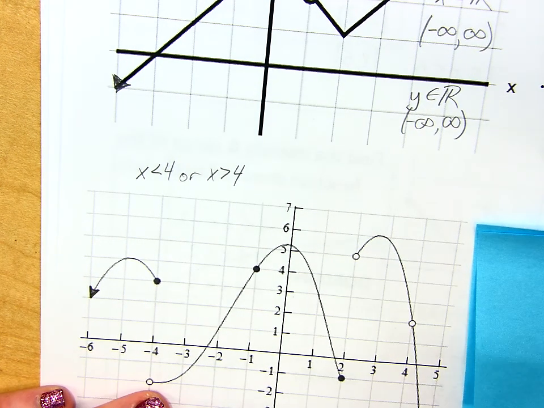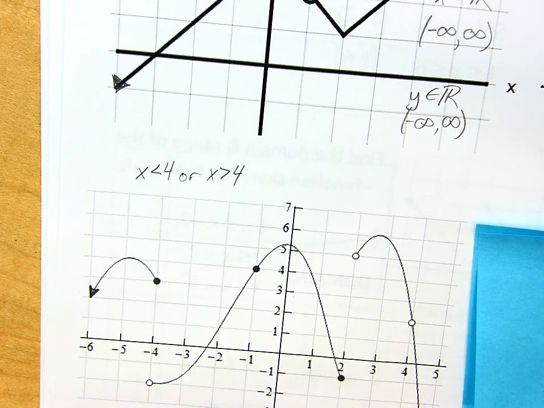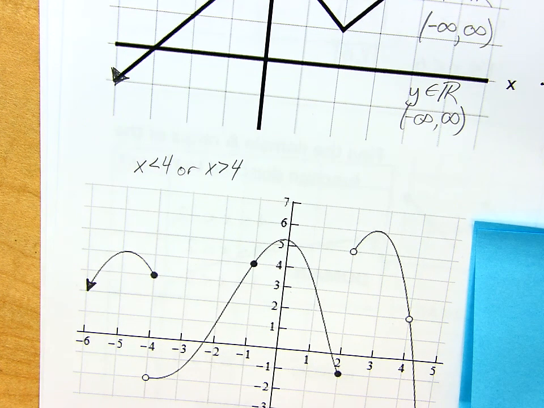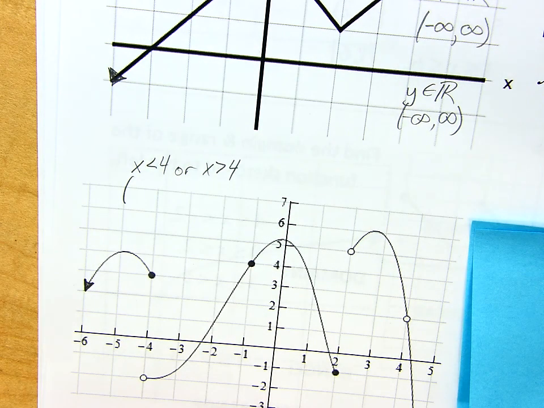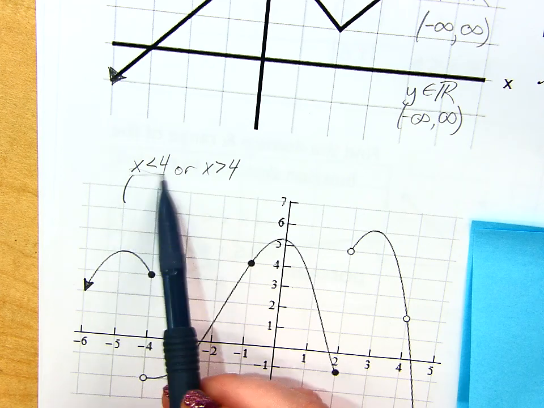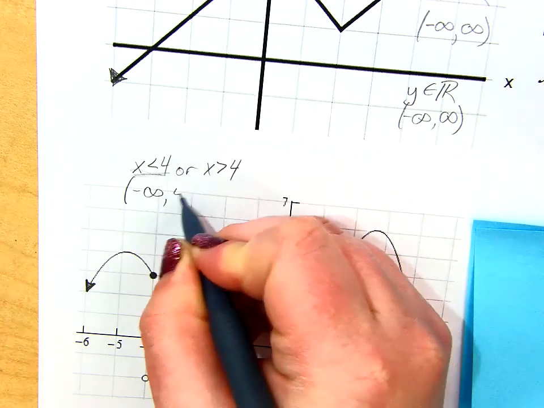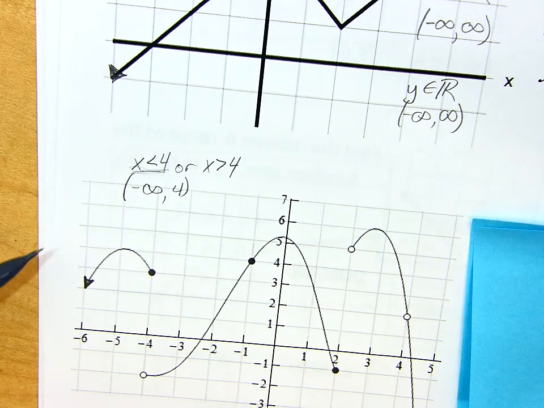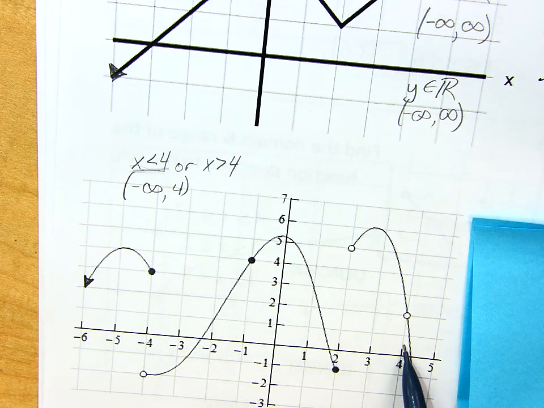Okay, so now if I want to put that in my new notation, I'm going to have to use that union, right? Because I have two parts of my domain, over here and over here. So how do you write this? Negative infinity to 4. Because remember, from the left, I'm already coming from negative infinity, and I go all the way to 4.